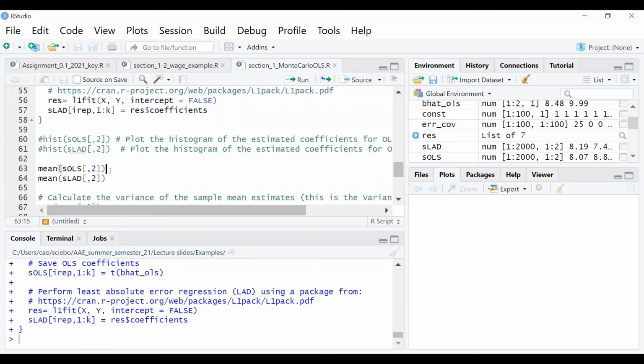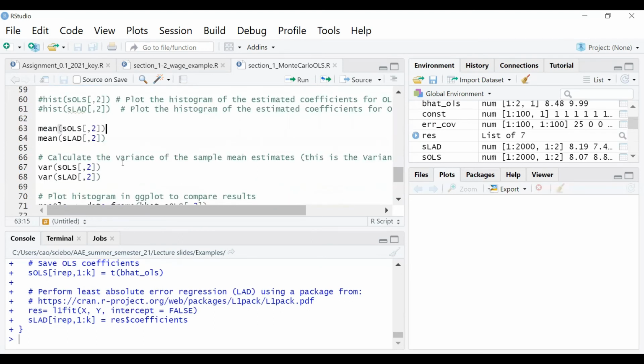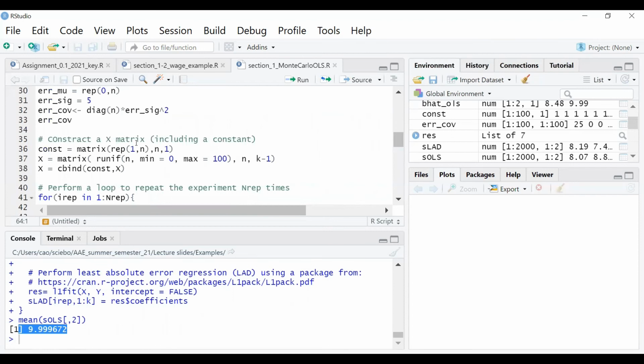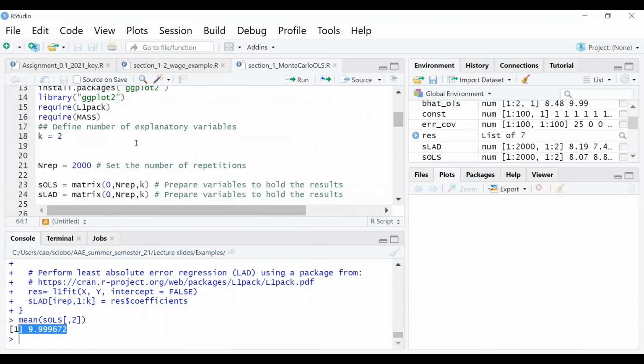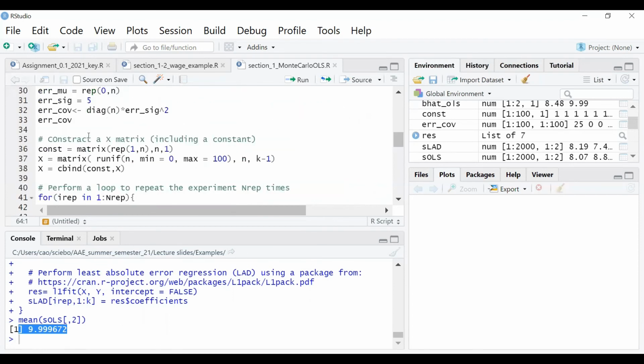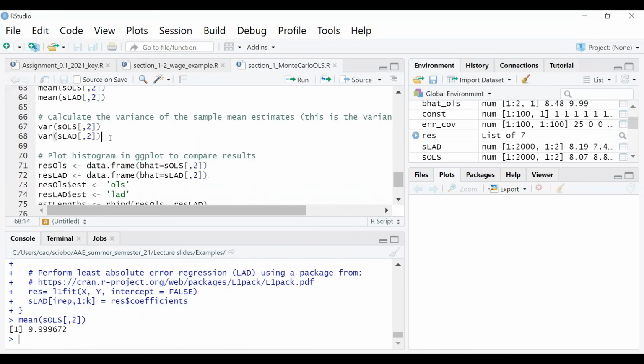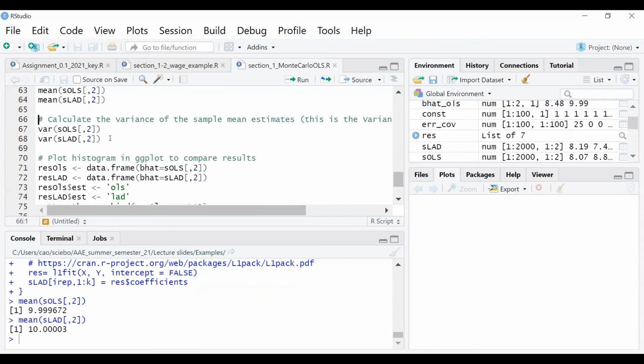And what we're interested in is to see the mean of the OLS. This is for beta 2, because we have 2 parameters, so this is beta 2, from OLS, the average over 2,000 times now. And what was the average of the LAD?